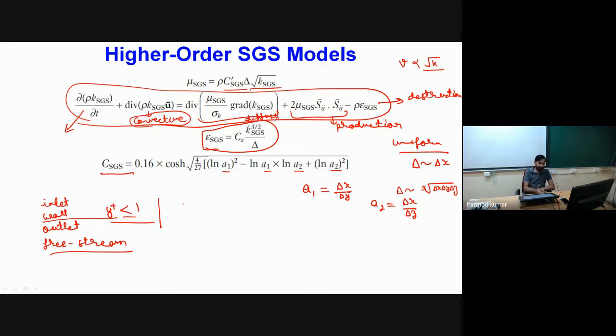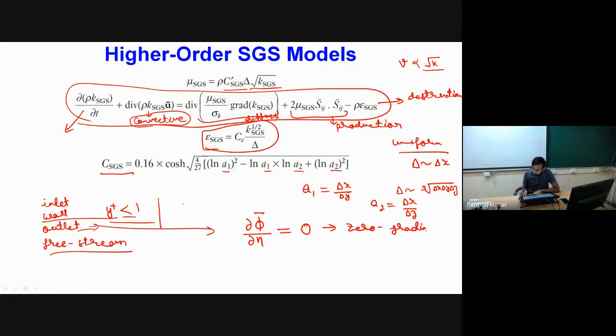Okay, in terms of outlet, if it is far away from the obstruction and the flow is in a fully developed situation, we can go for the zero gradient conditions, and for free stream also normally we go for the zero gradient conditions. However, in case of outlet, one slight difference is there with LES simulations. For the phi bar parameter, which includes the effect of mean flow plus large eddies, we consider simply del phi bar by del n equal to 0, which is nothing but our zero gradient condition.